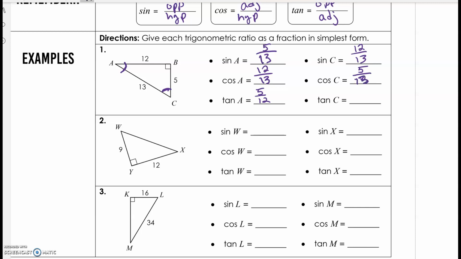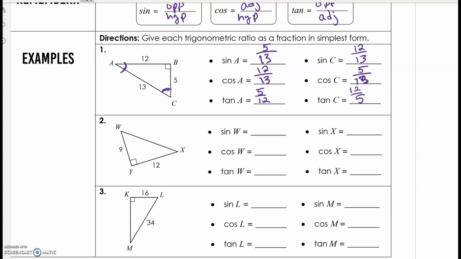And the tangent of angle C is the opposite length over the adjacent length, so 12 over 5. And you are seeing that it appears we have reciprocals. It's definitely related. When we get to graphing is when we'll see the relationship more, but just for now, we'll focus on our SOHCAHTOA.